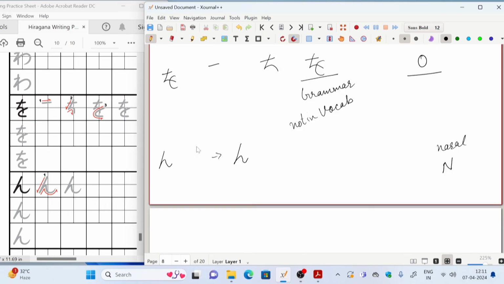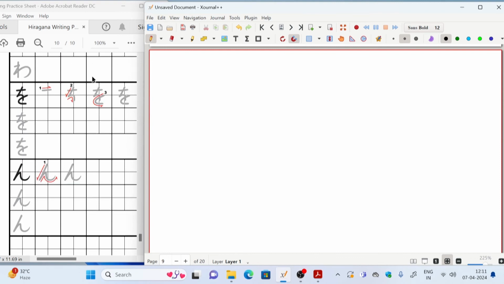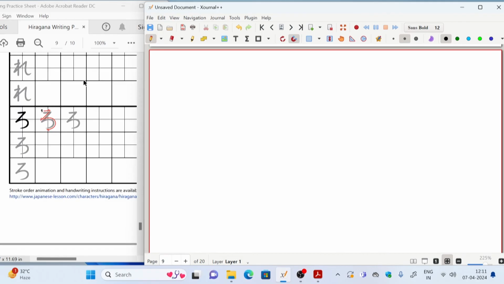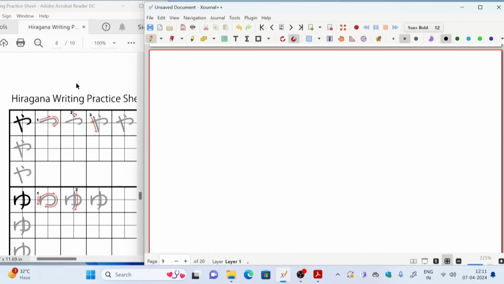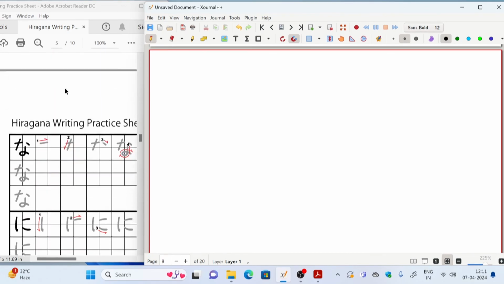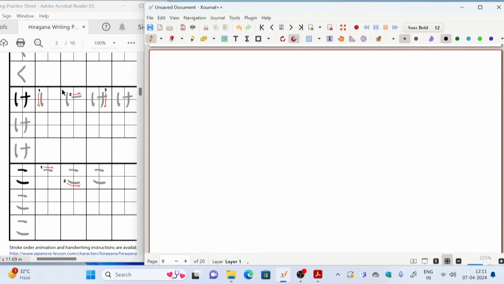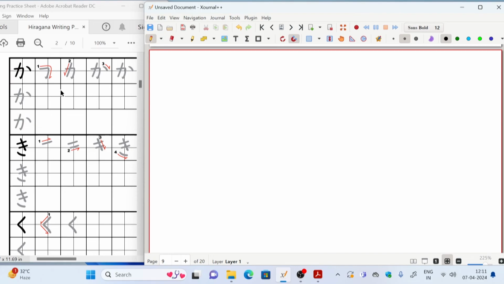Now we'll make some more hiragana using the hiragana we have learned till now. So hiragana gets over here, but we will make some other hiragana sounds using the hiragana we have learned till now, and those are, when we write ka, ki, ku, ke, ko, this is ka, ki, ku, ke, ko, right?